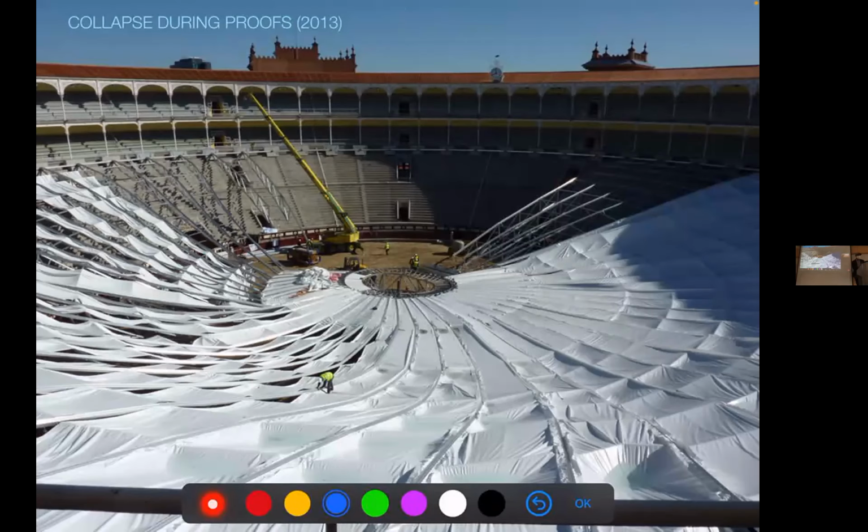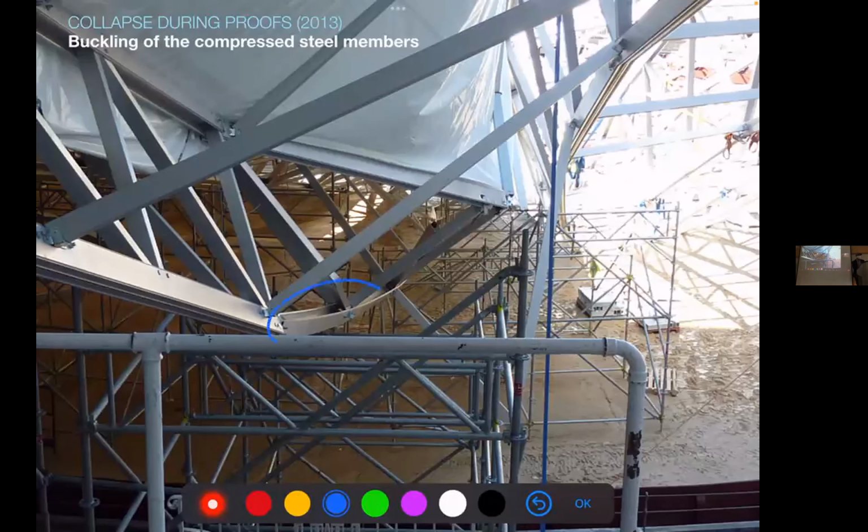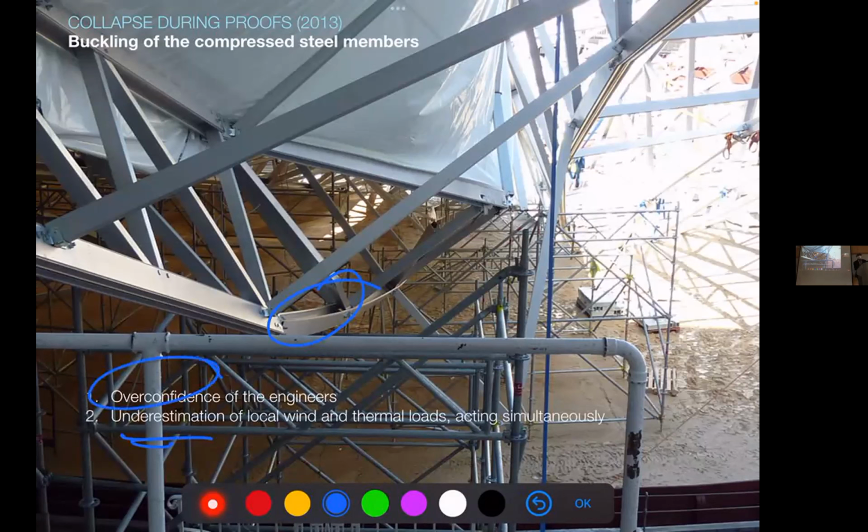Fortunately, they did. Why? Well, you can see that in those structures it is always the compression bars which fail by buckling. This is the most common case, right? Sometimes the tension cables will break, and that also creates a collapse, but most cases are this kind of compression. And why? Well, overconfidence, again, of the engineers, and underestimating, because in Madrid you sometimes have wind and a lot of heat, right?